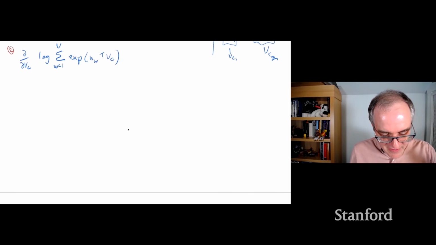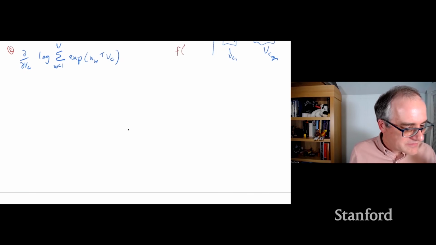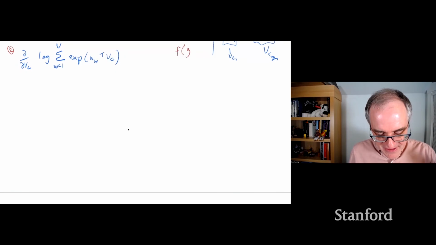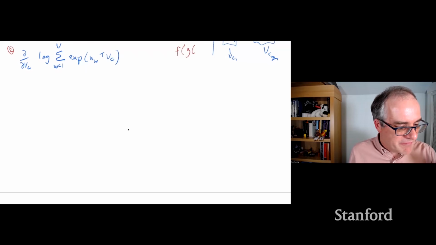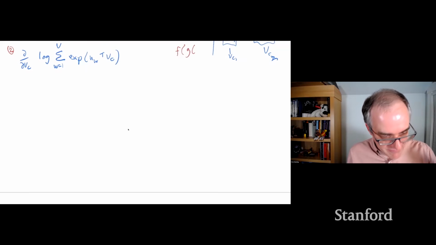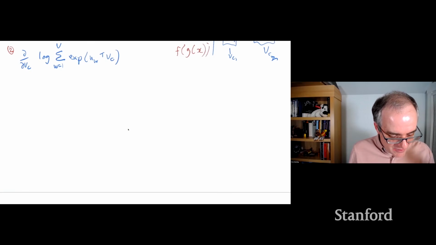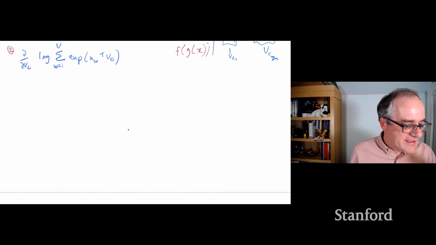The chain rule is for when you want to work out derivatives of compositions of functions. So we have f of g of whatever x, but here it's going to be VC. So what we have here is a composition of functions.